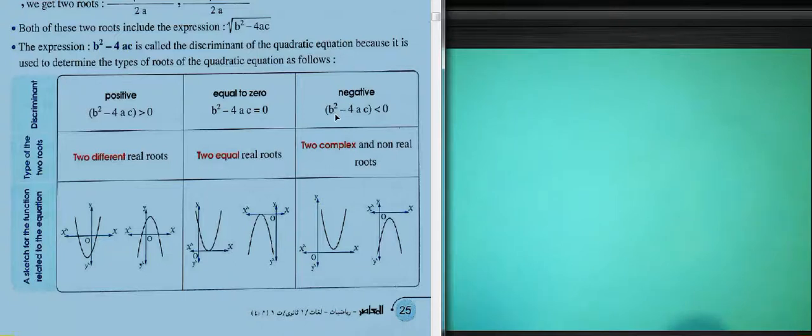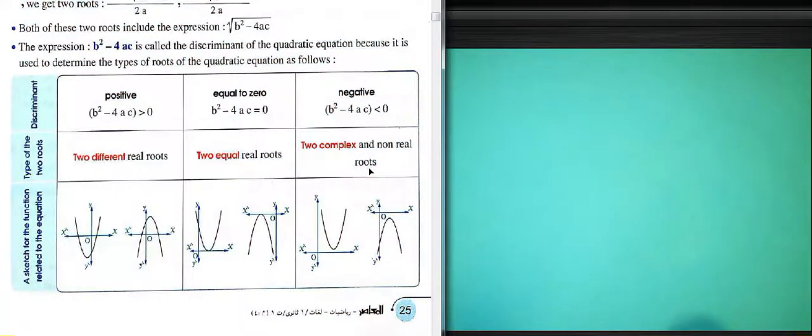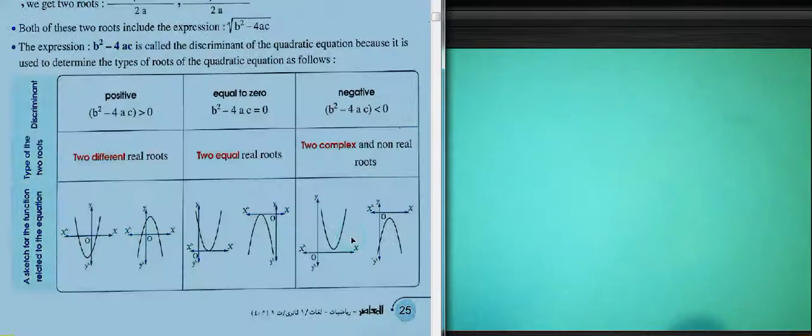And when b power 2 subtract 4ac is less than 0, we have two complex and non-real roots, such that this curve does not intersect the x-axis.